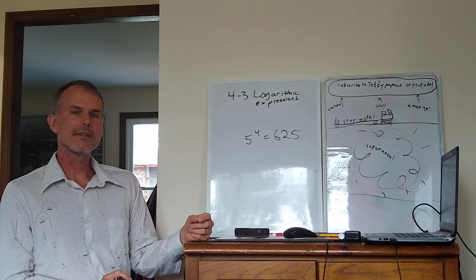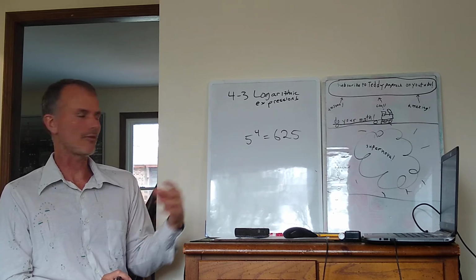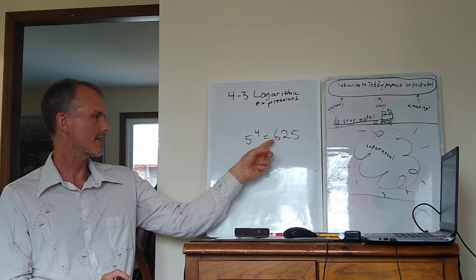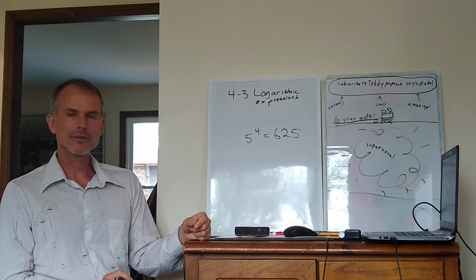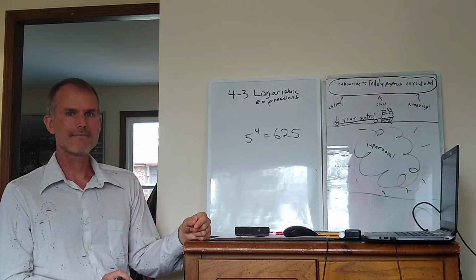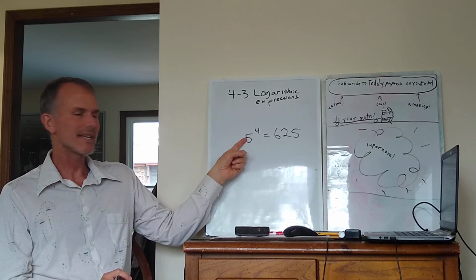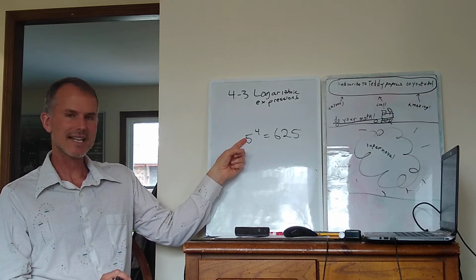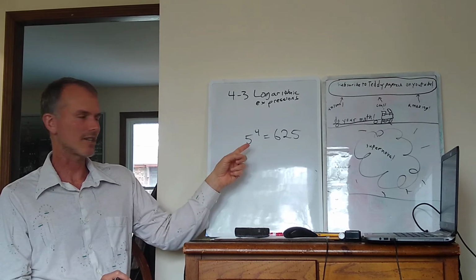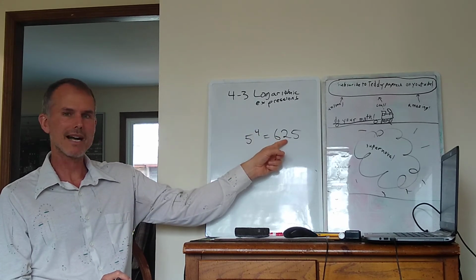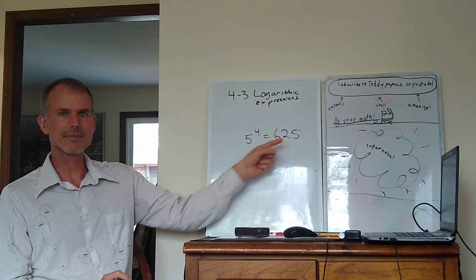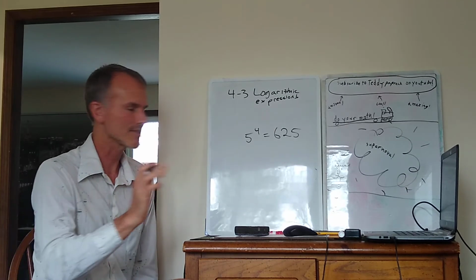Now, this is written in exponential form. A base raised to an exponent gives me a number. To write this in logarithmic form, well, I know that this is my base, because that's the base of an exponential expression. I know that this is my exponent, so this must be my argument in a logarithmic equation.